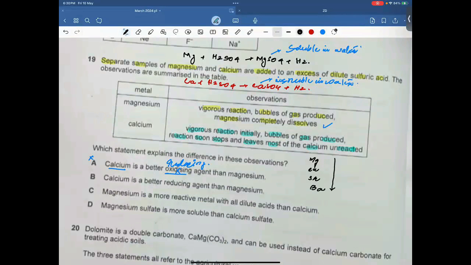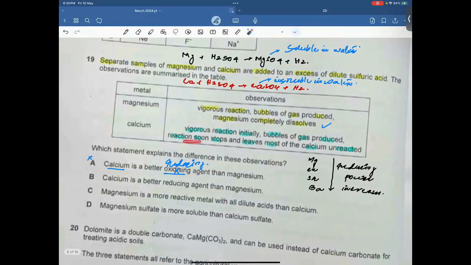This reducing power does not explain why the reaction stops after some time and leaves most of the calcium unreacted. So I believe B is also incorrect.